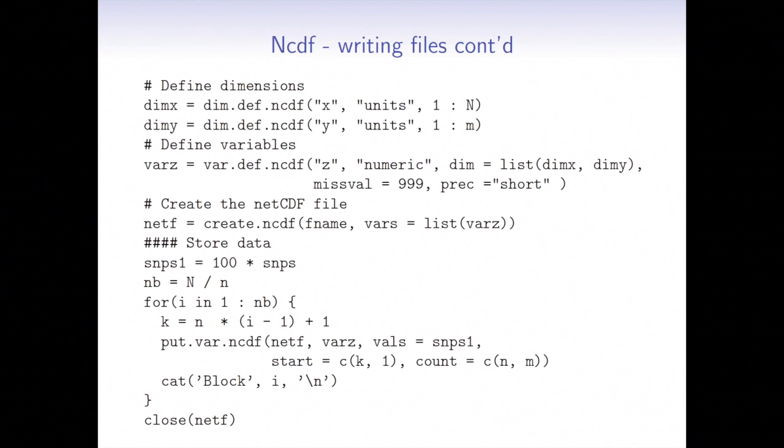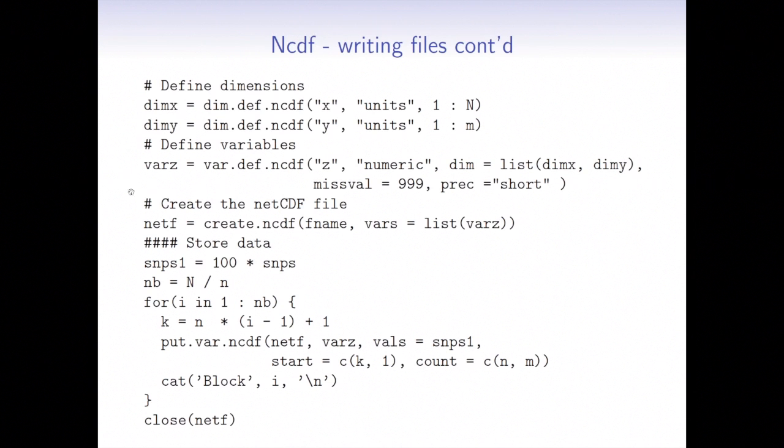Here, when I create my ncdf object, we have to specify the dimensions, so number of individuals and number of SNPs. I have to specify the variables. So it's my SNP variable, and it is very useful to take care of some small details like saving SNP as a short precision number instead of double precision number, because it will save you a lot of space on the disk.